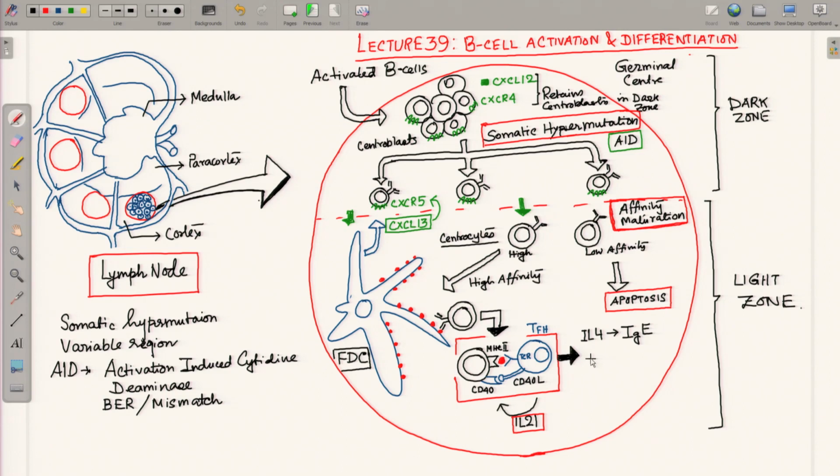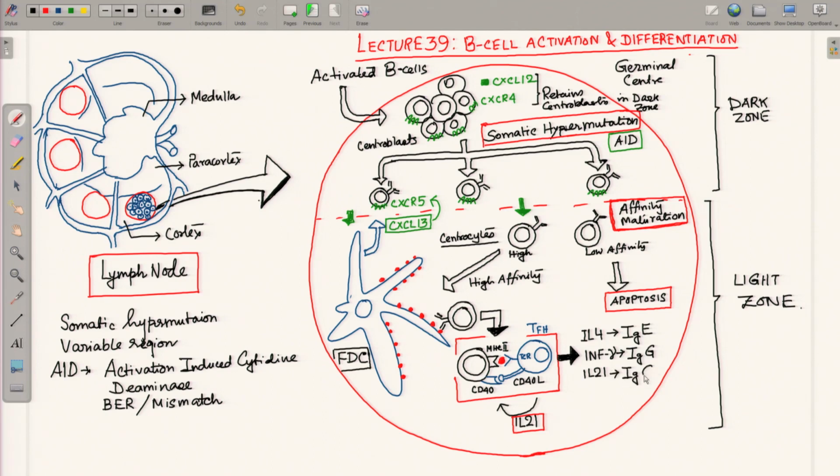You will have IgE, you can have interferon gamma, IFN gamma, which mainly switches it to IgG. You can also have IL-21, which is also responsible for IgG.